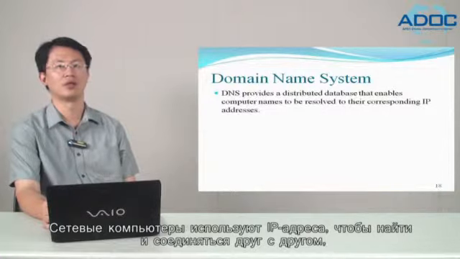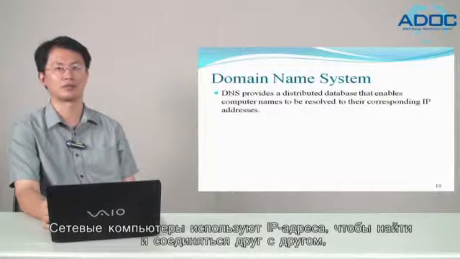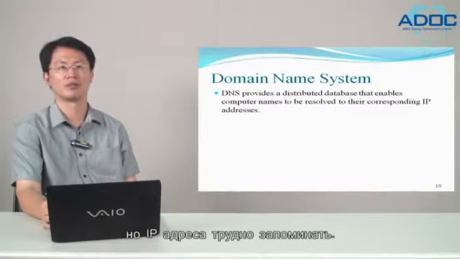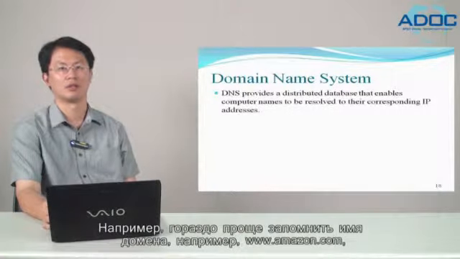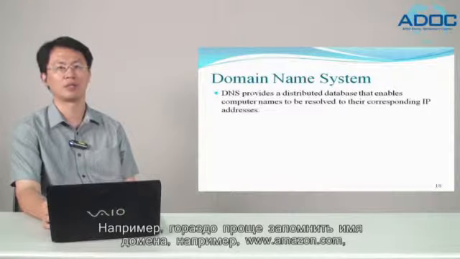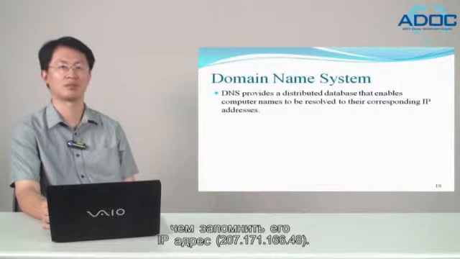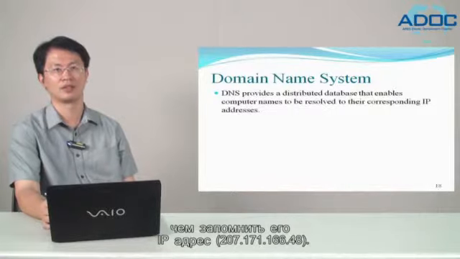Networked computers use IP addresses to locate and connect to each other. But IP addresses can be difficult for people to remember. For example, on the web, it is much easier to remember the domain name www.amazon.com than it is to remember its corresponding IP address, 207.178.168.48.